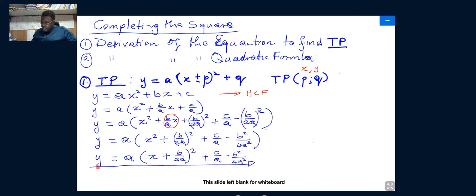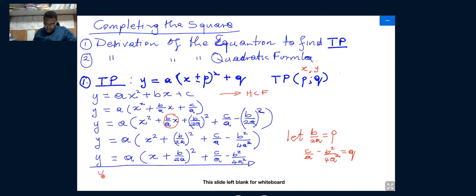Let us make b over 2a equal to p, and c over a minus b squared over 4a squared equal to q.